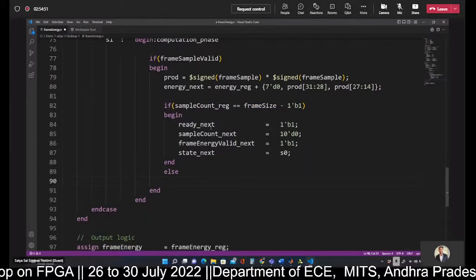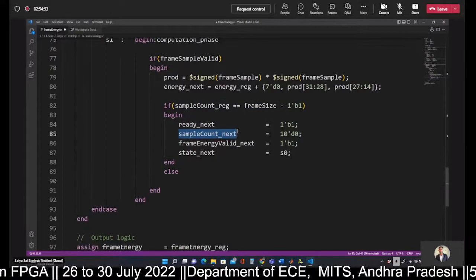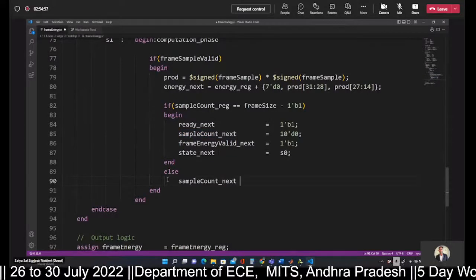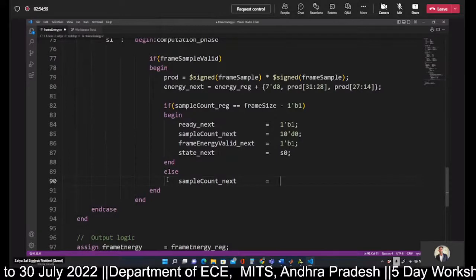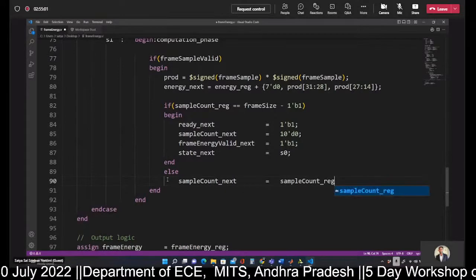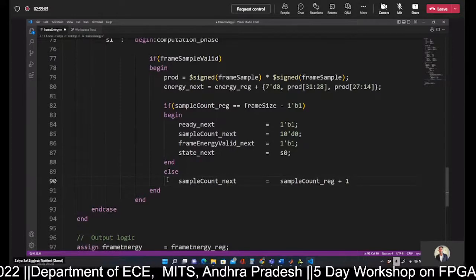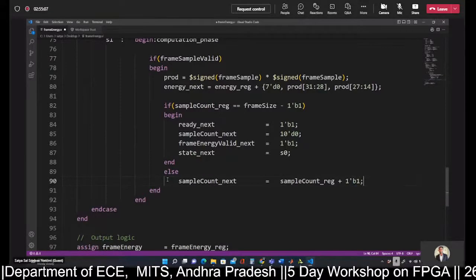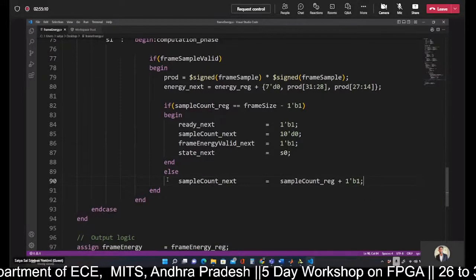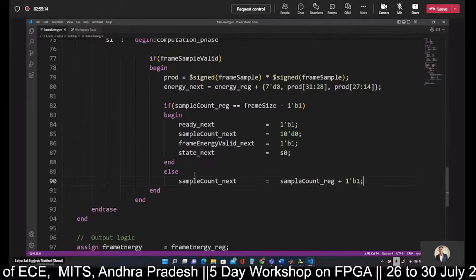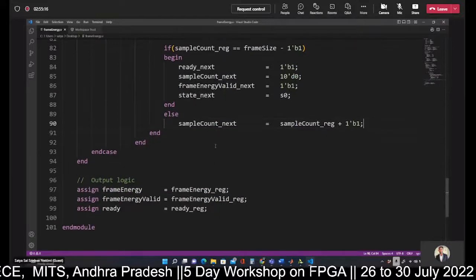We have to increment the sample counter, because once it has processed one sample, then you need to increment the counter. And only after processing all the samples, the count value. I have not written begin and end. Why? Because there is only one condition present over here.